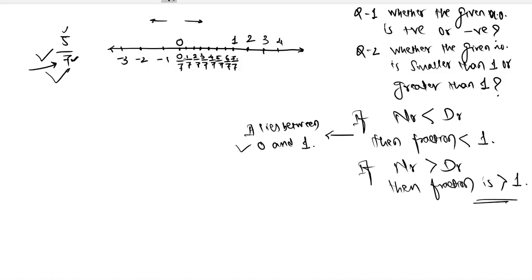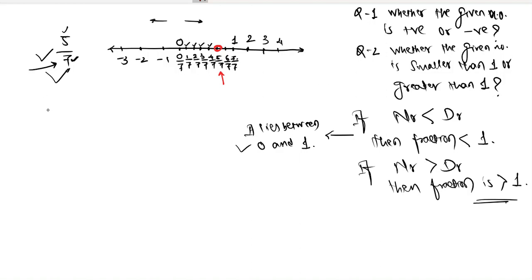The first section being 1 by 7, then 2 by 7, then 3 by 7, 4 by 7, and here is our number, which I have shown here with red mark, that is 5 by 7. So this is how you locate a number on a number line.